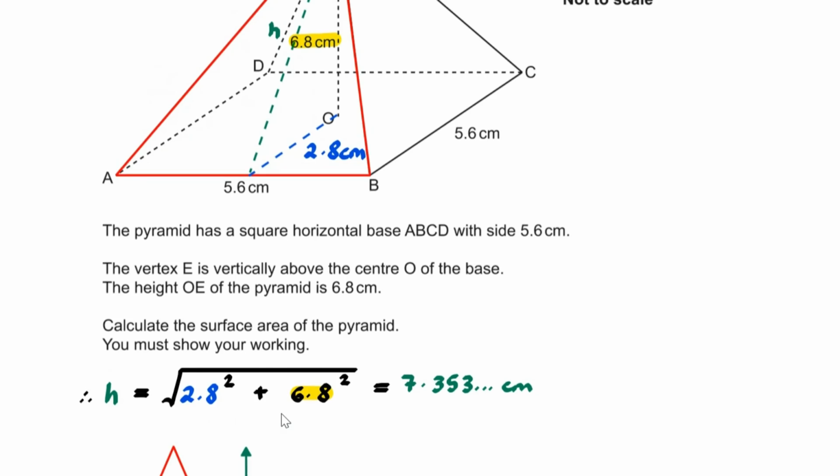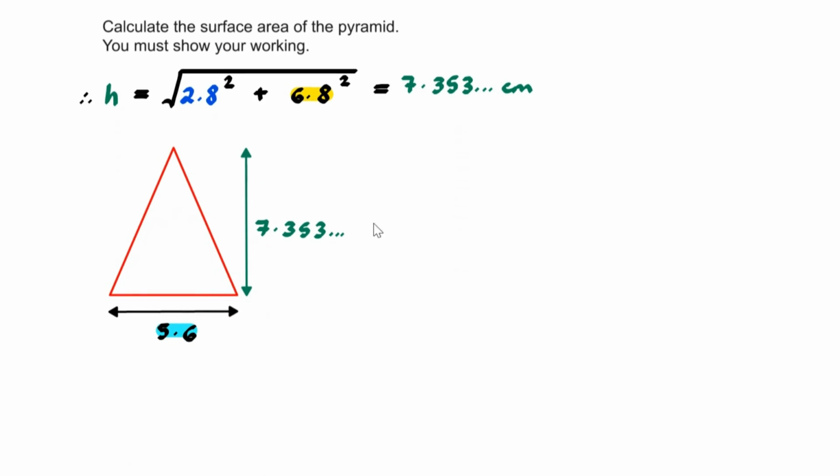And therefore what we can do is find out the area of one triangle.